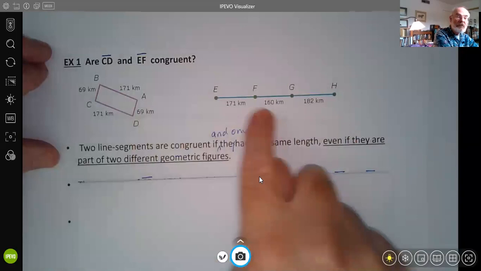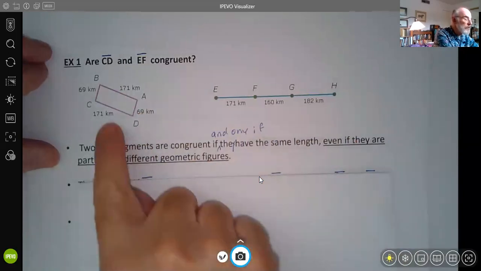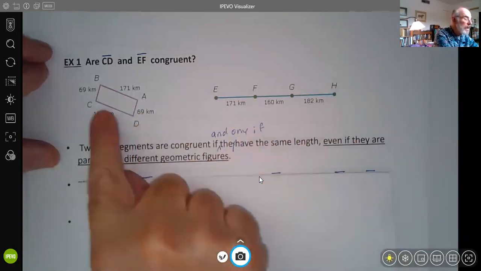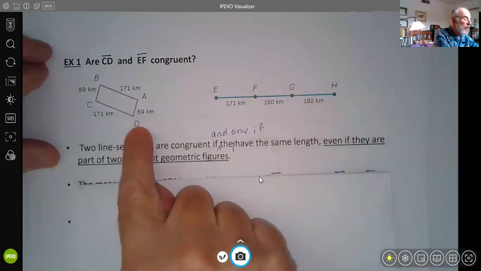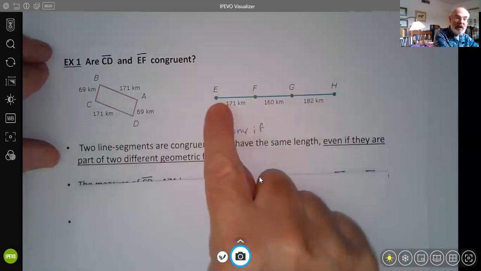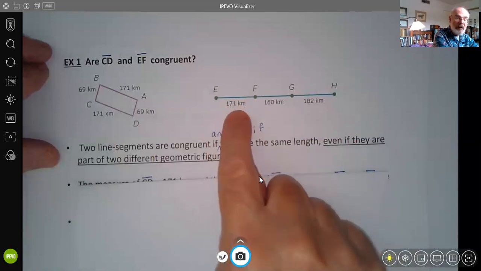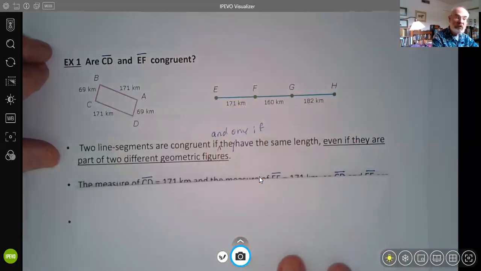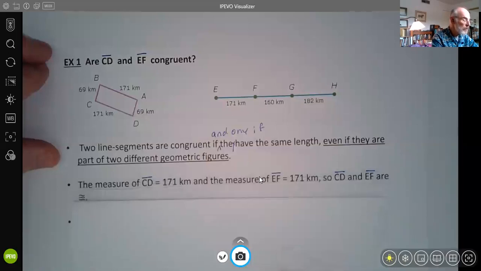These are two different geometric figures. And so it's okay to state that the line segment in the first geometric figure over here on the left is congruent to the line segment between the points E and F here, so long as you can determine that they are indeed congruent.